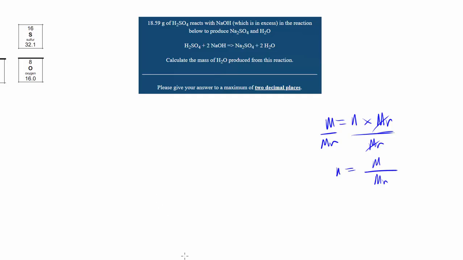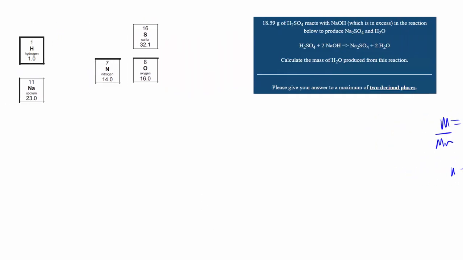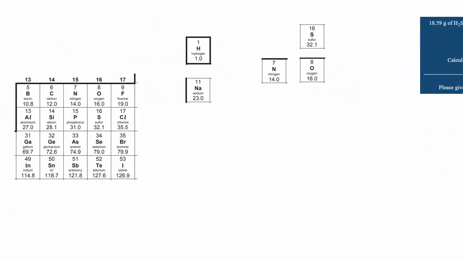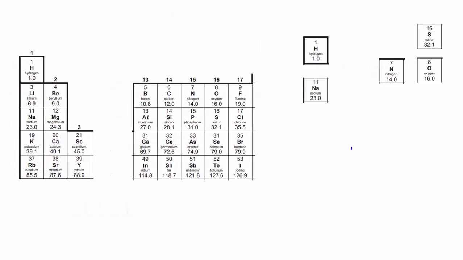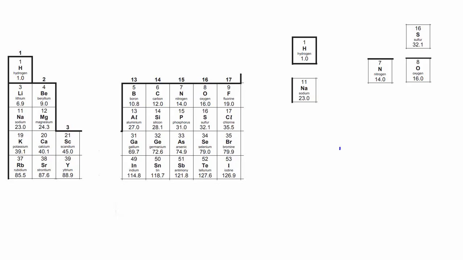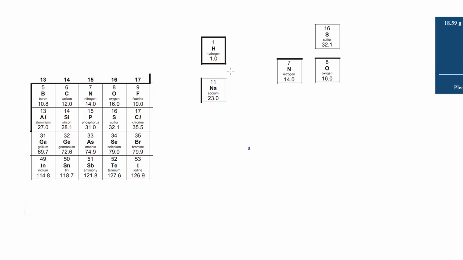So in order to work that out, we need to get the molar mass of H₂SO₄, and we can use the periodic table to work that out. For hydrogen, we've got 1, multiplied by 2, so H₂ in there.